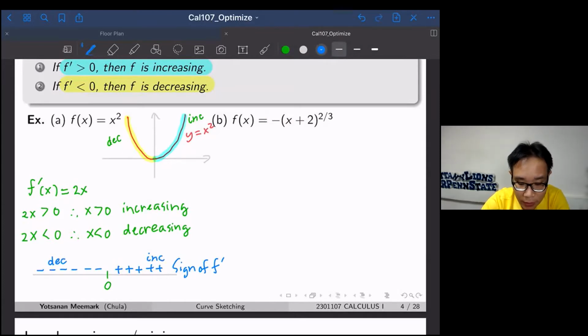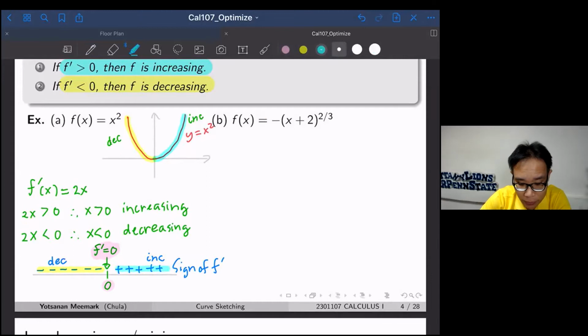In this case, you see that we have the midpoint, the point where you have derivative equal to 0. So you are in the yellow interval and you are in the blue interval.